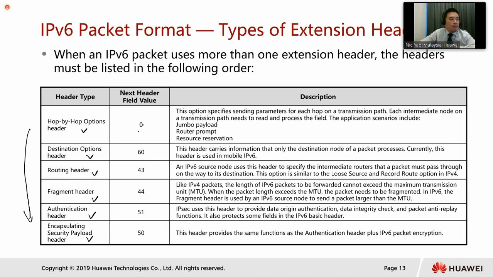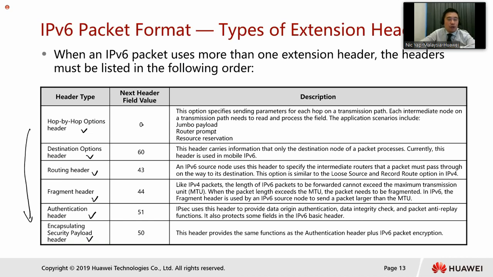For the hop by hop option headers, this option specifies sending parameters for each hop on the transmission path. Each intermediate node on the transmission path needs to read and process the field. And the application scenarios include jumbo payload, router prompt, and resource reservation.